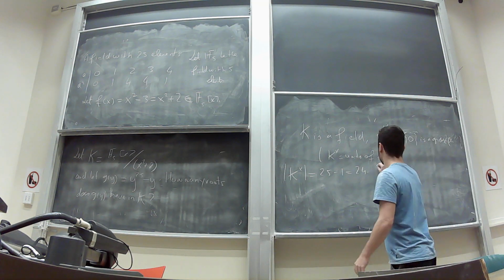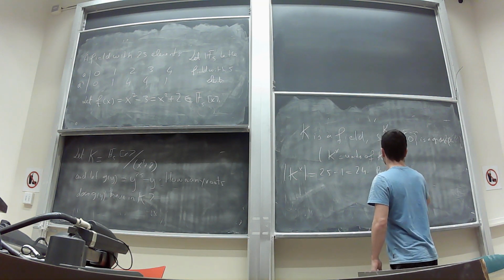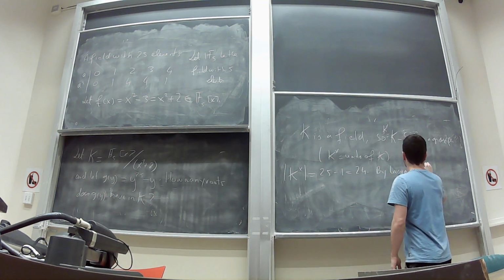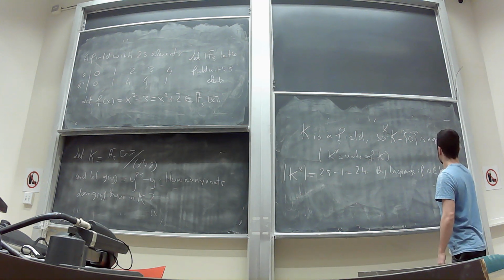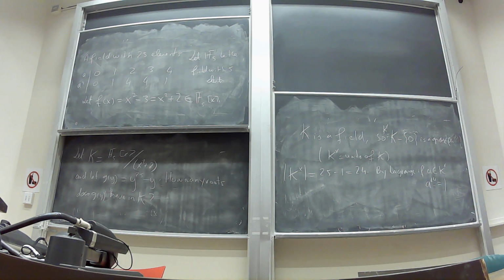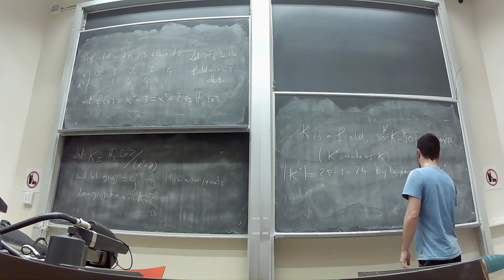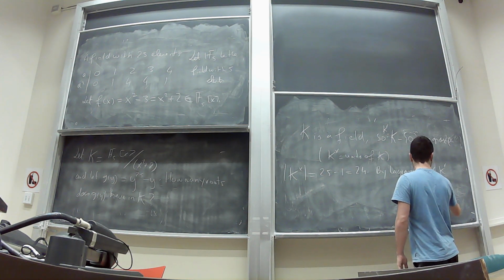Now K star is a group, so by Lagrange, if a is in K star, a to the 24 is equal to 1. A to the order of the group is equal to the identity of the group. So multiply by a, you get a to the 25 is equal to a.